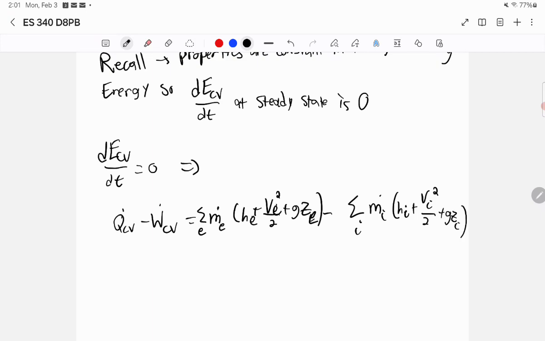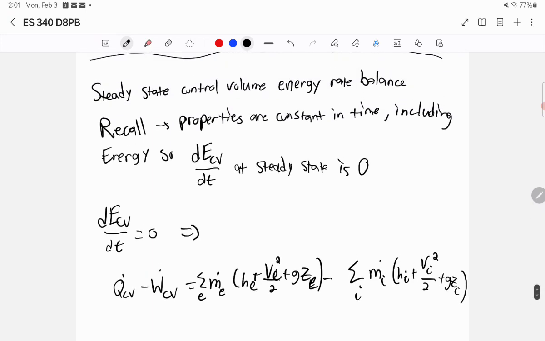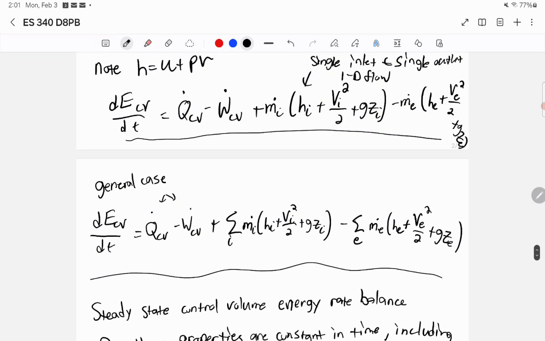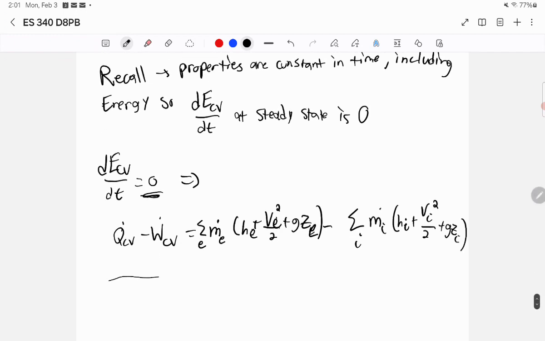That's because I moved everything over: since that's equal to 0, I can move all those terms to the other side and get something that looks like this.